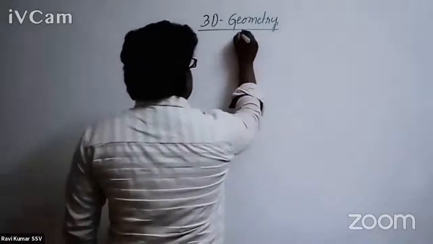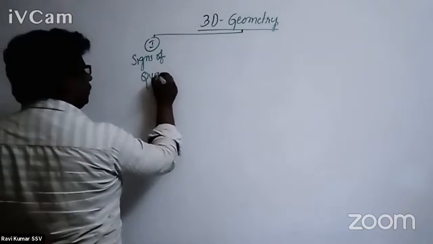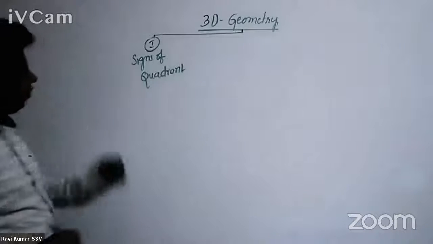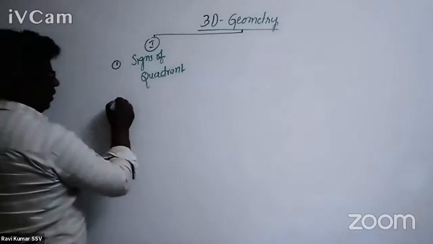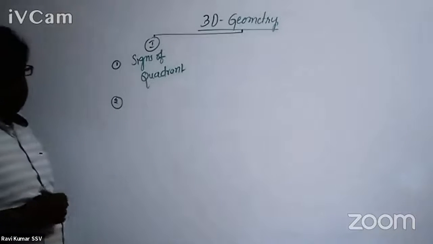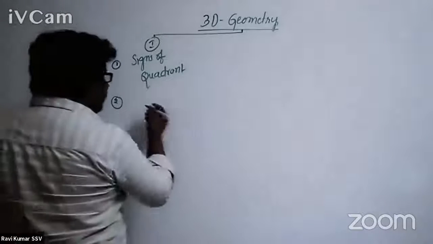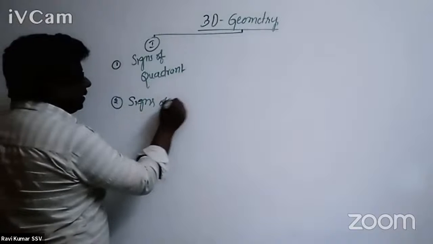Okay, next. In 3D geometry, the first part we discussed was signs of quadrant. And the next one is how you can identify signs of planes.